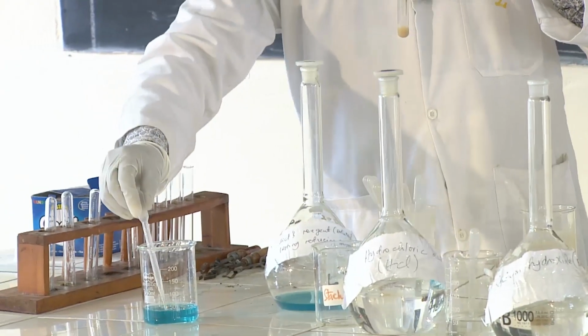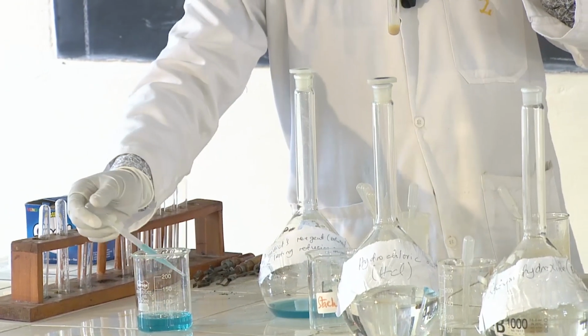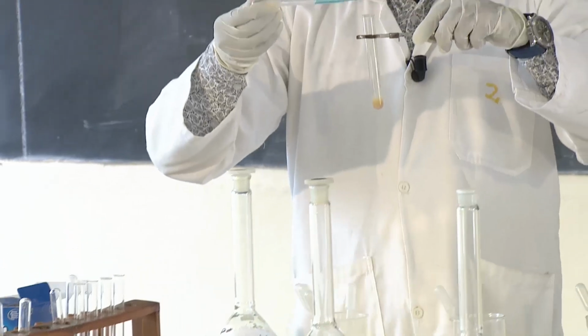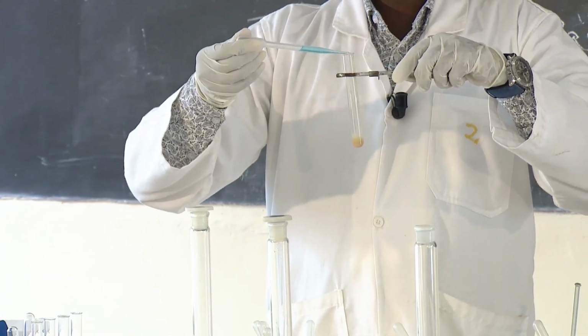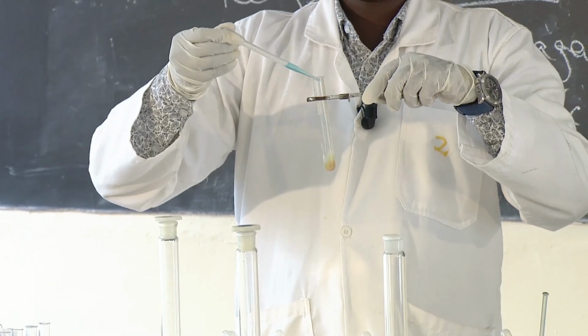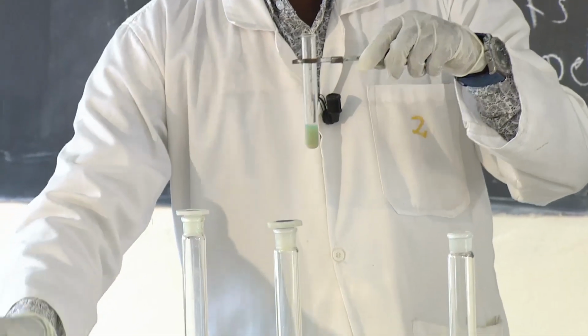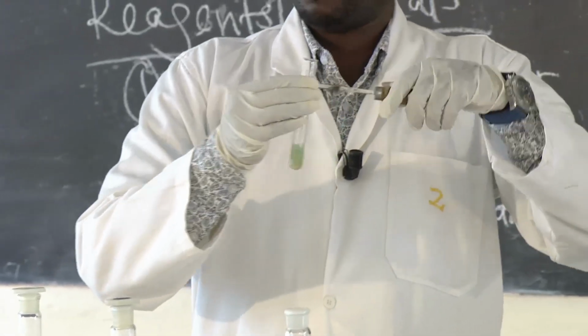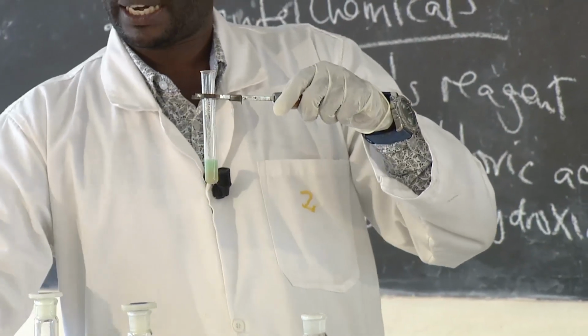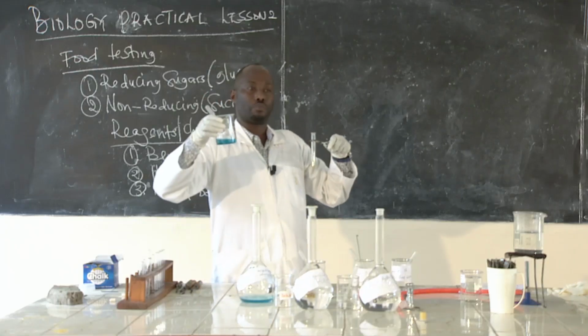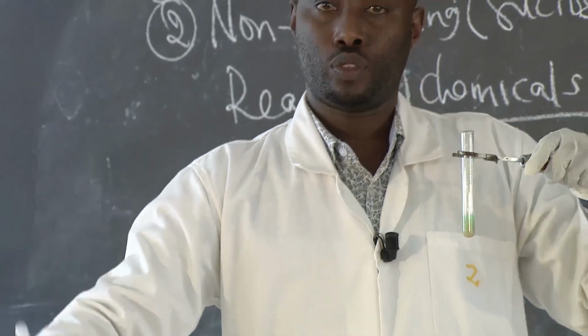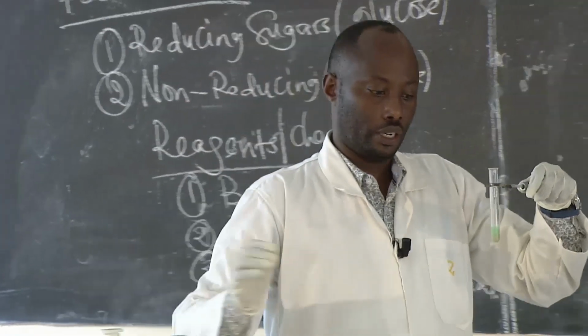After getting a dropper, you use the same amount, the same drops that you used, dropwise, and you add the drops of the Benedict's solution. And you can see the color of the Benedict's solution is blue. So we are going to see the observation now.